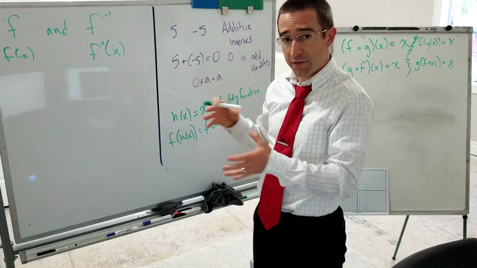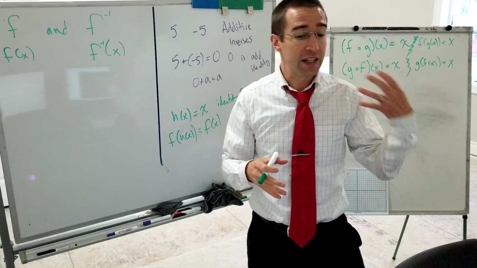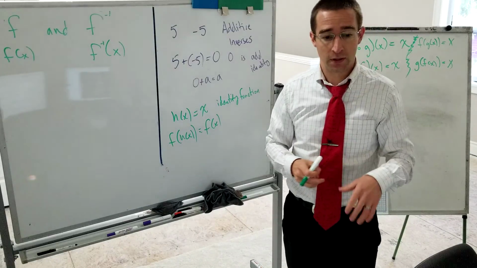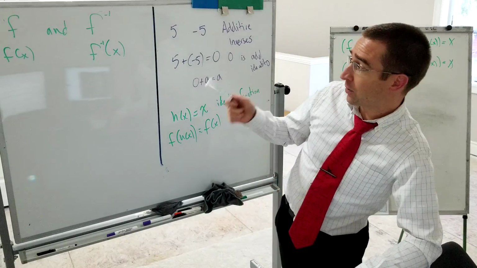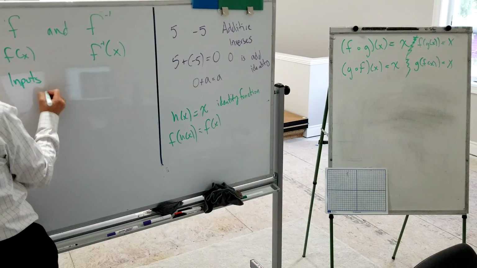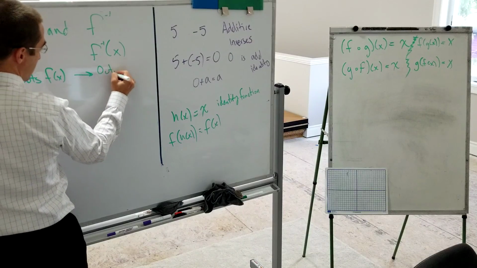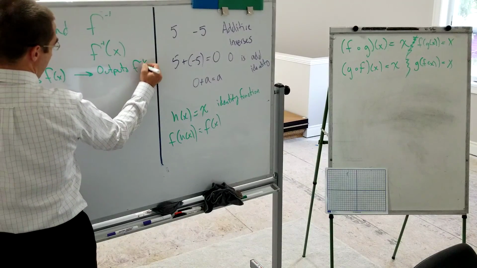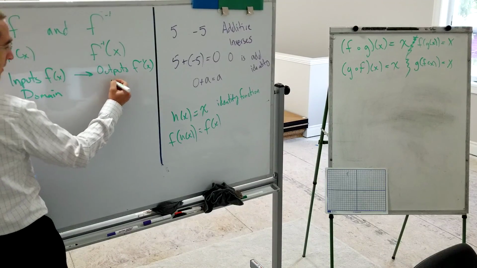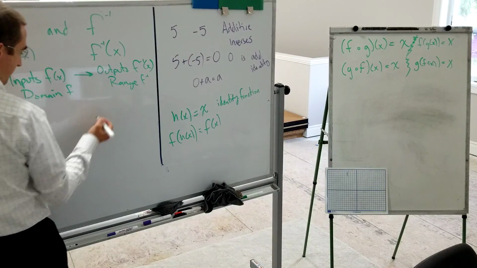So everything that f does to x, f inverse does the opposite in the opposite order. So the inputs for f of x match the outputs of f inverse of x, which means whatever the domain of f is, that's your range for f inverse.